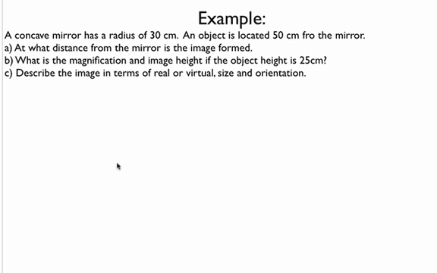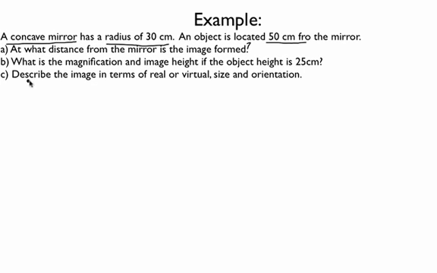Okay, here we have a concave mirror, so we need to remember it's concave, has a radius of 30 centimeters, and an object is located 50 centimeters from the mirror. At what distance from the mirror is the image formed? Is the first question. What is the magnification and image height of the object if the object height is 25 centimeters, and describe the image in terms of real or virtual and size.